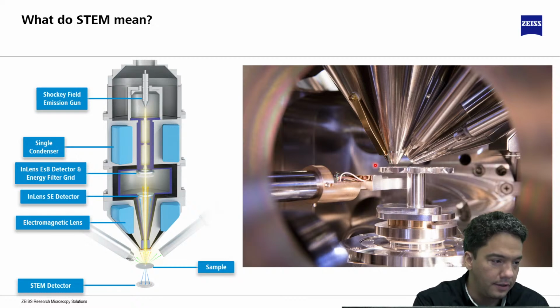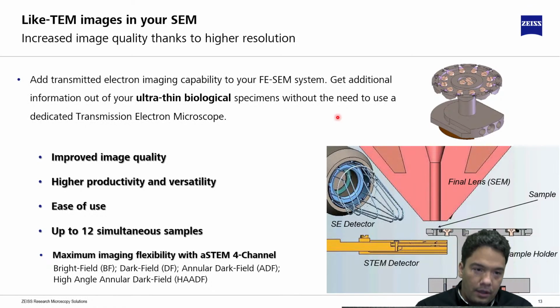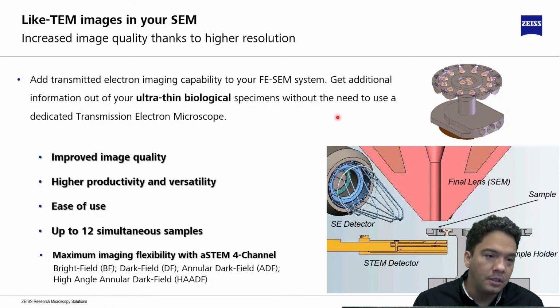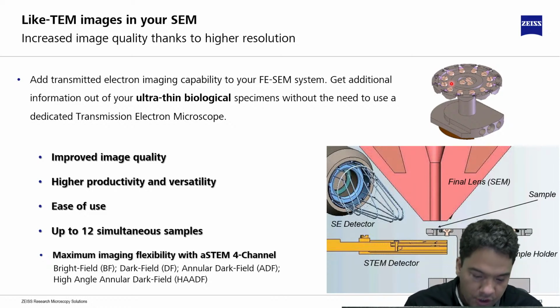You can see this after some minutes here. Now we have TEM-like imaging in your SEM, improving your image quality, higher productivity and versatility, because we have up to 12 samples at the same time. You don't have to load, unload, and break your condition.